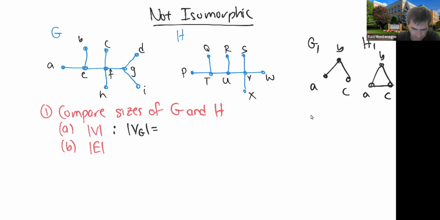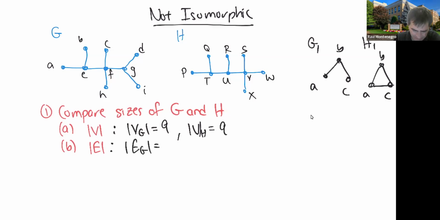So in this particular example, let's say we're looking at G, the number of vertices in graph G was 1, 2, 3, 4, 5, 6, 7, 8, 9. And then the number of vertices in graph H, 1, 2, 3, 4, 5, 6, 7, 8, 9. That's again 9. So far they're the same.